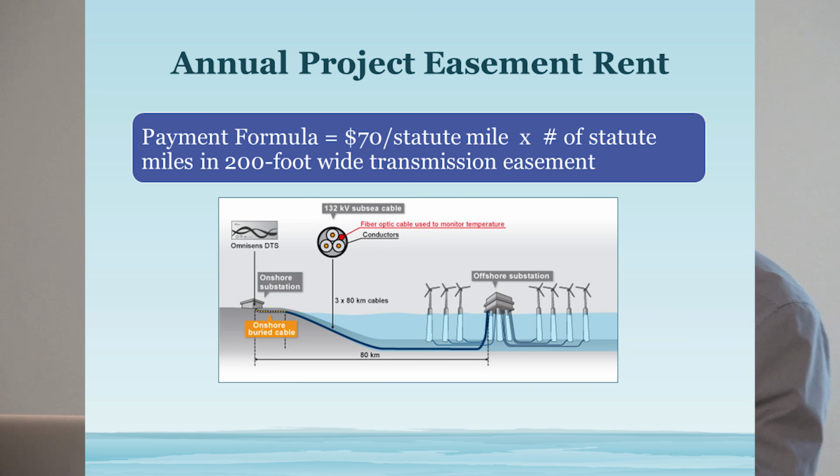Moving on to the annual project easement rent. This is a payment, as I mentioned, associated with the transmission cable that will be needed to support the project. The provisional winner and future lessee will be entitled to a project easement with their lease that guarantees them access to the larger electrical grid, and there will be a rent associated with that area.